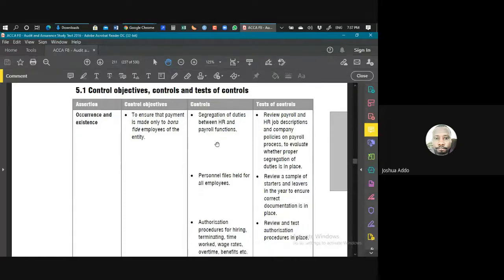Okay, so let's go to the next control to ensure that we don't pay money to ghosts. Personnel files held for all employees. If you come to UCC, all staff have files. We call it a file, but it's actually a folder with files.